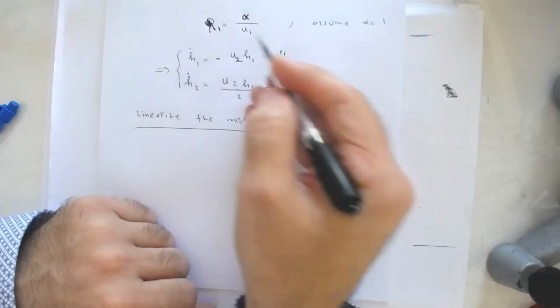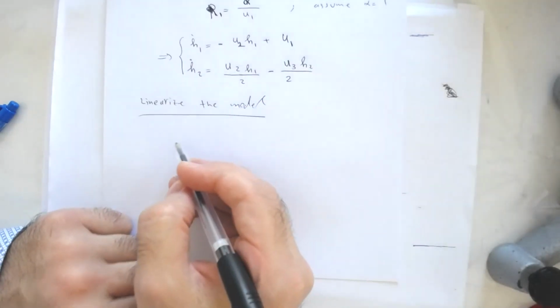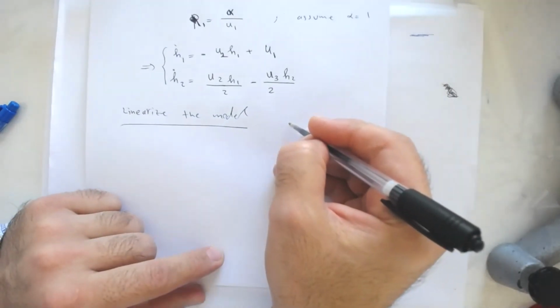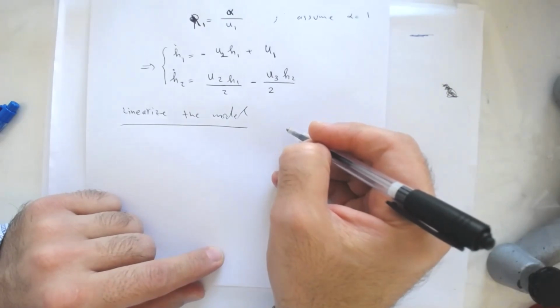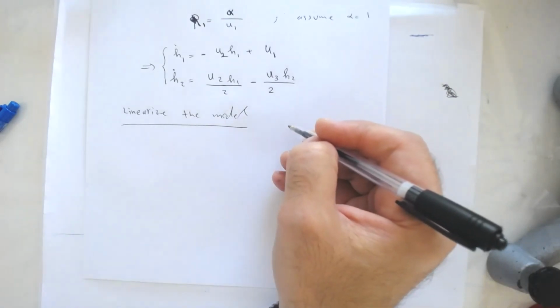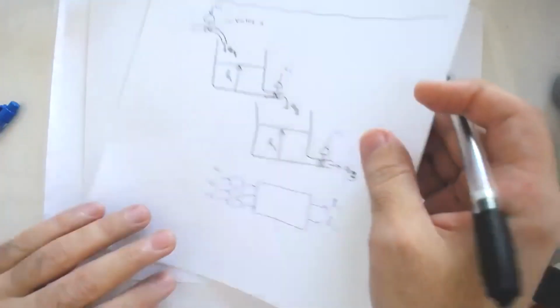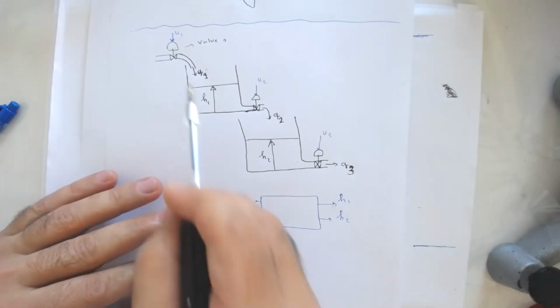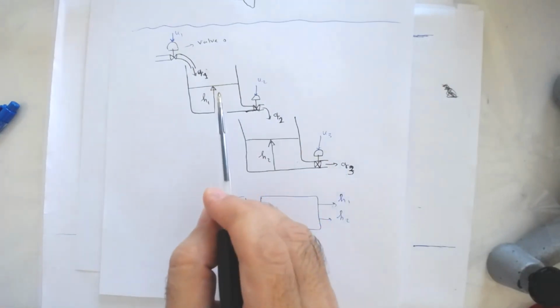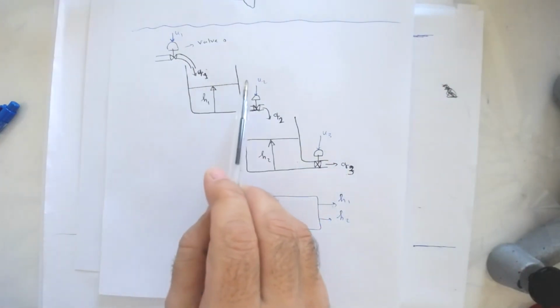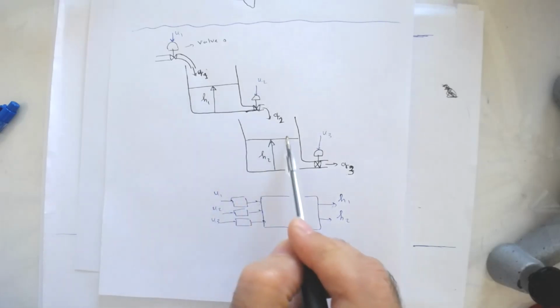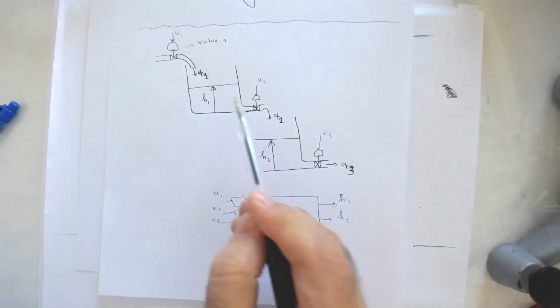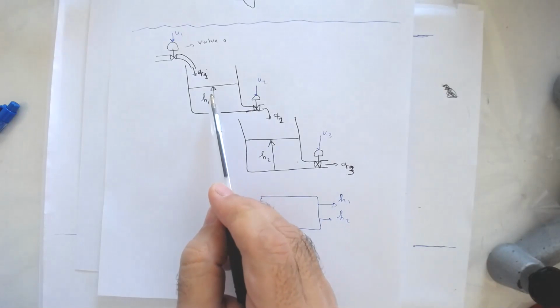So if we want to linearize the model, we need actually to assume what is the working point we want to linearize. If I go back here, first of all, I assume that all valves are the same. And if all valves are the same, then whatever level we have here, if you wait enough, the level in the second tank would be the same as the level in the first tank.